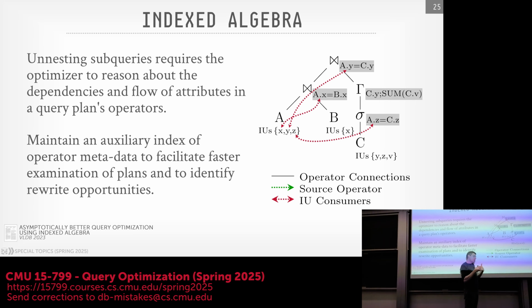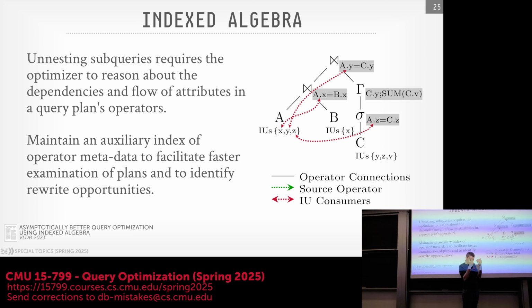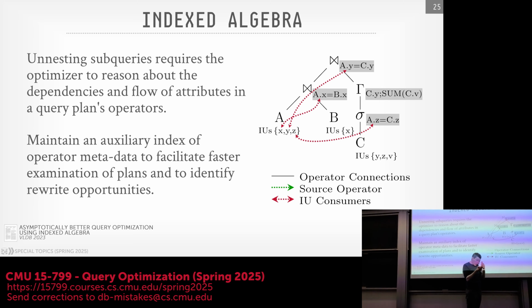The reason you want all this additional metadata is that as I'm going down and rewriting my query plan, removing those dependent joins, if I start moving an operator above or below, I want to know whether other operators in that subtree or other part of the query plan depend on the result my operator is generating, and therefore when I'm allowed to move it.